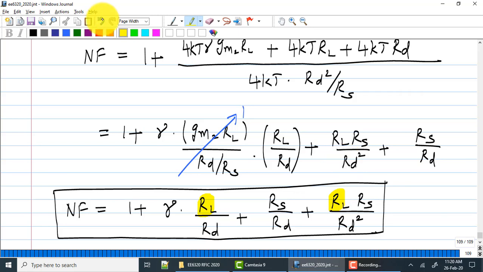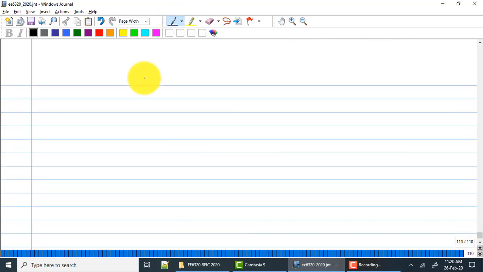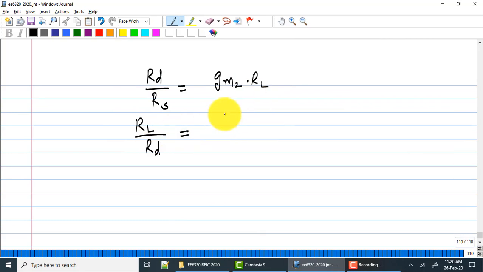So basically RL by RD is nothing but 1 over GM2 RS. So if you need to maximize RD, minimize RL, it means you have to maximize GM2 automatically. That's what this is telling you.